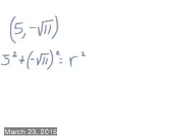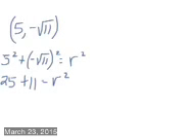What's 5 squared? 25. What's negative root 11 squared? 11. Because the two negatives would make it a positive, and the square root of 11 squared is just 11. So, good job. What's 25 plus 11? 36.